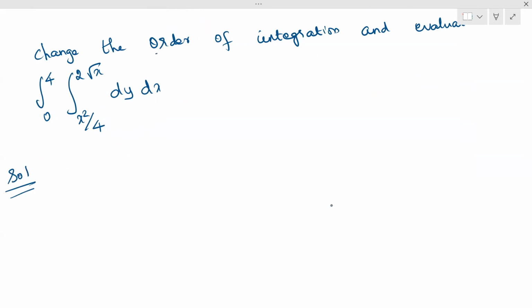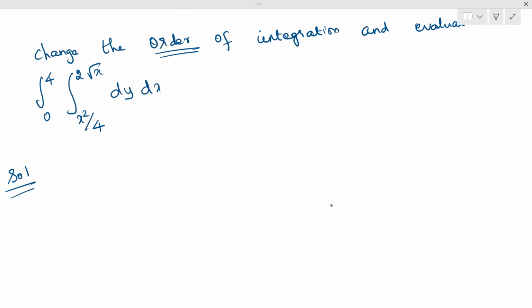Here they are mentioning the order. We have to change the order and evaluate. Why do we have to change the order? What is the need? Because sometimes the integration may be difficult when we do it as it is. While changing the order, it is easier to solve. That's why we prefer changing the order.